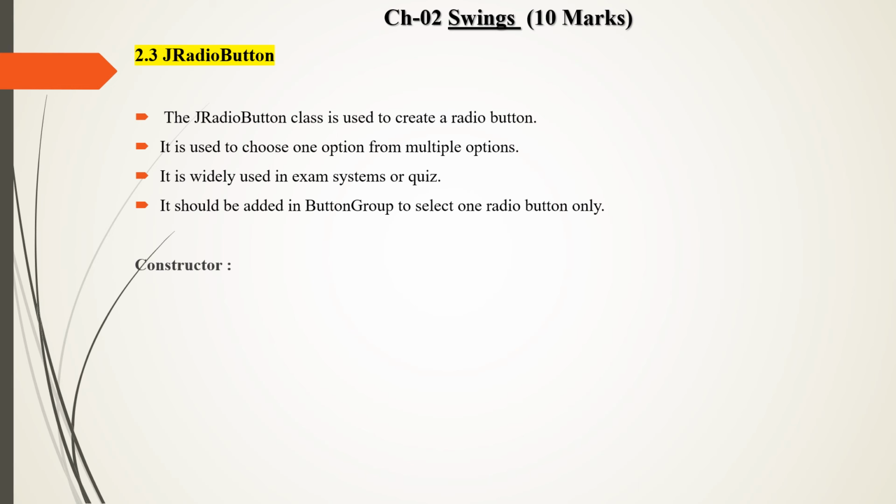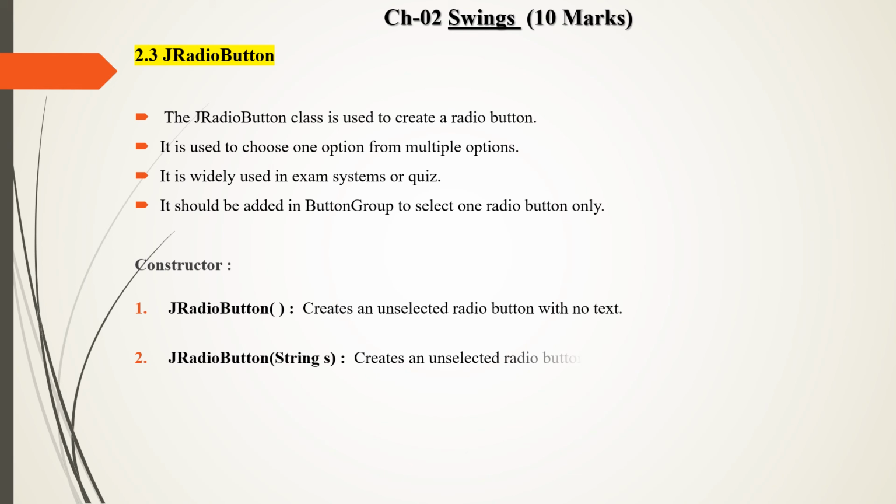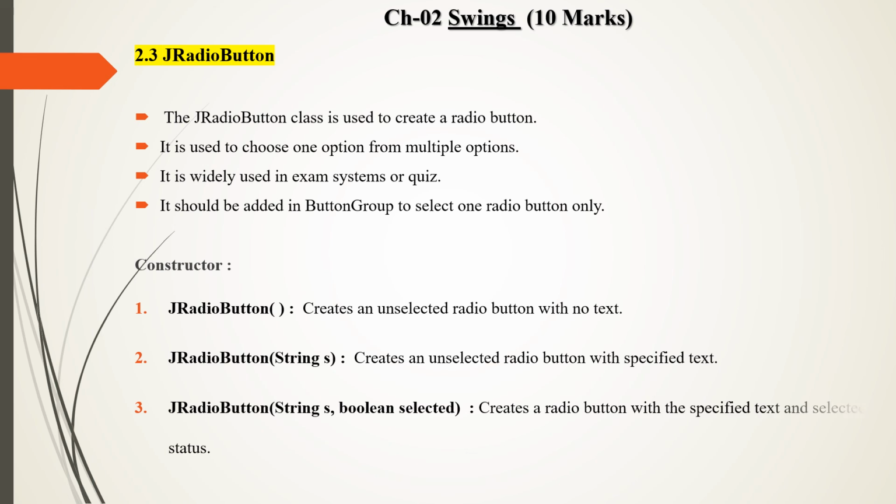Then we see the constructors of JRadioButton. The first constructor is the default constructor, which has no parameter and creates an unselected radio button with no text. The second constructor has one parameter, String s, which creates an unselected radio button with specific text. The third constructor of JRadioButton has two parameters, a string and a boolean true, which creates a radio button with specific text and selected state.